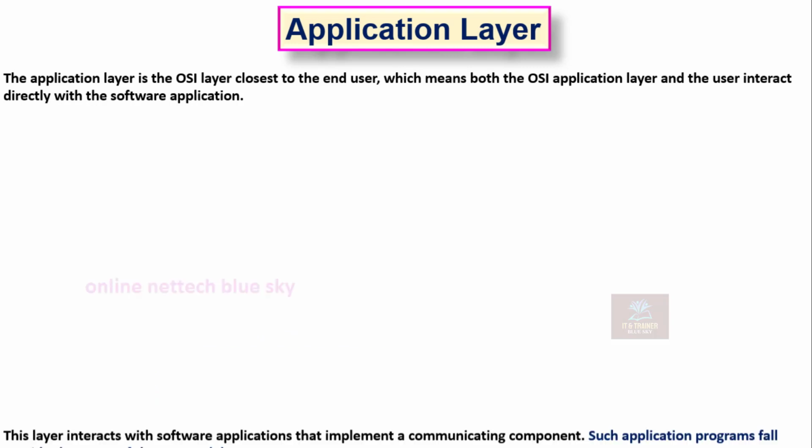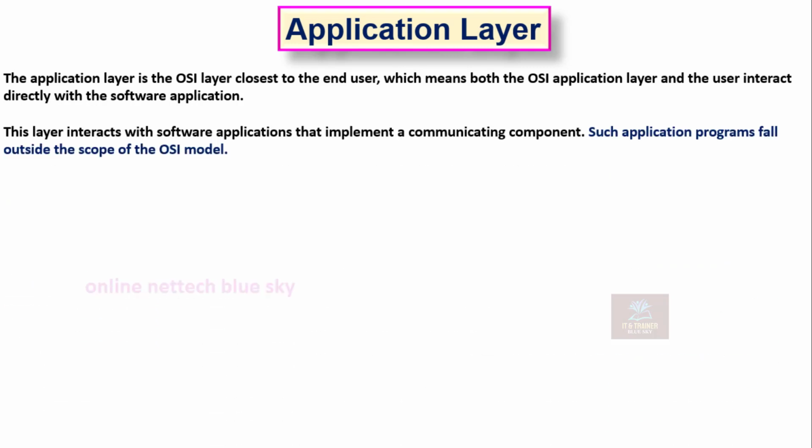Understand that this layer interacts with software applications. This layer is created only for software applications, the implementing communicating component. Communicating component means that from one side to another you want to create your data, just like creating a Word file, MS Excel file, or PDF file.